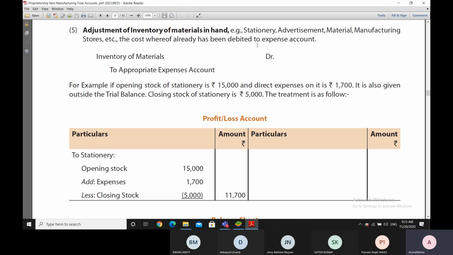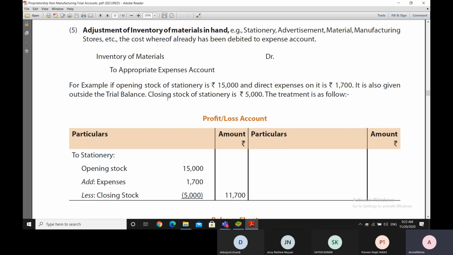But what we are trying to do here is transfer it to the inventory of material account because it is suitable to transfer it there, because this expenditure is in the nature of inventory. So to make this adjustment, we are transferring out of the expenditure account and moving this expenditure to the inventory of material account by debiting the inventory of material account and crediting the appropriate expenditure account. Let us take an example.